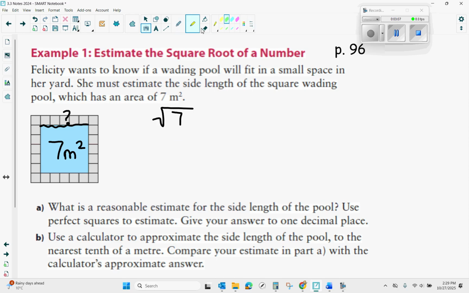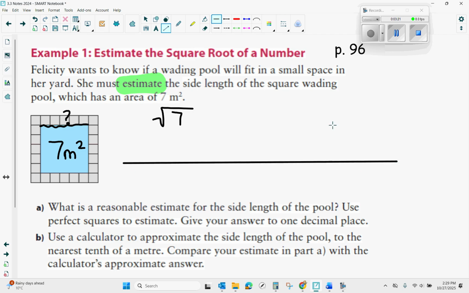So yesterday we talked about estimating the square root of non-perfect squares, and we said we would use a number line to find that estimate. So we are finding the square root of 7, estimating. To estimate, we draw a number line, and we use 2 benchmarks, which are the perfect squares that land on either side of 7.